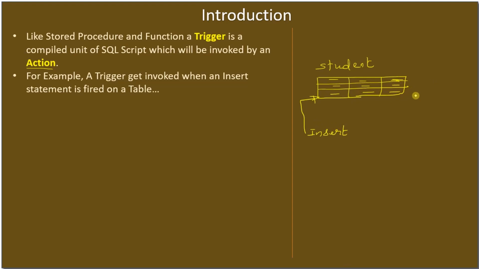When the insert statement takes place in the table, we can attach the table with a trigger. The trigger will have a body, and when the insert statement takes place, the body will run. So we call this a trigger procedure, right? The trigger procedure will run.